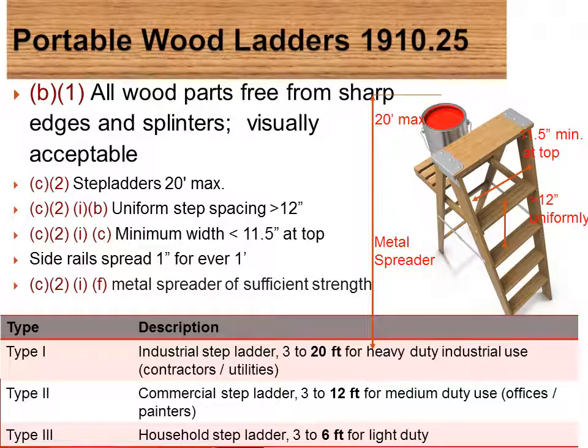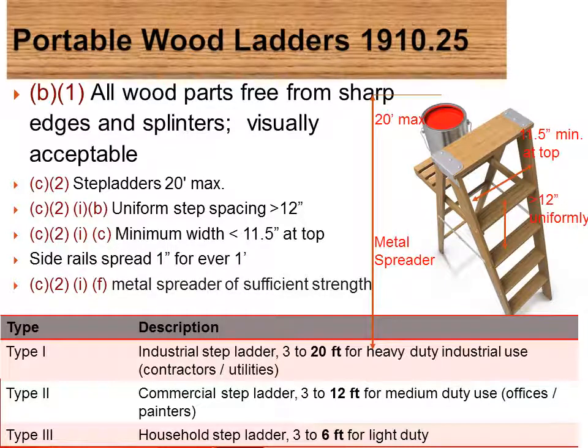So we moved on from platforms and fixed industrial stairs to ladders. And the requirements for wooden and metal ladders are fairly similar. They need to be visually inspected to make sure they're free of sharp edges. If you have a freestanding ladder, as you see in this picture, it should have a metal spreader on it to keep the ladder in place so it stays at that A shape.